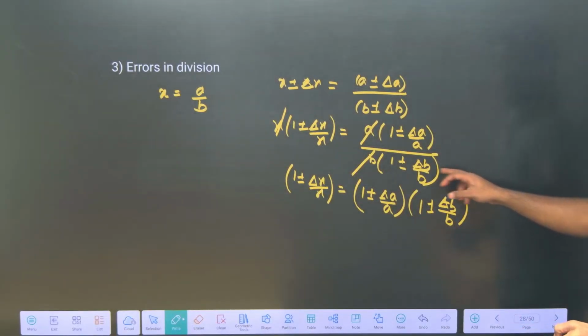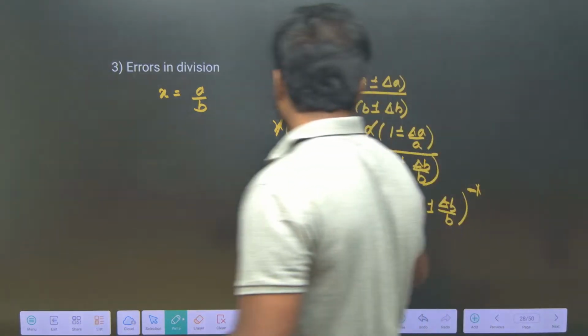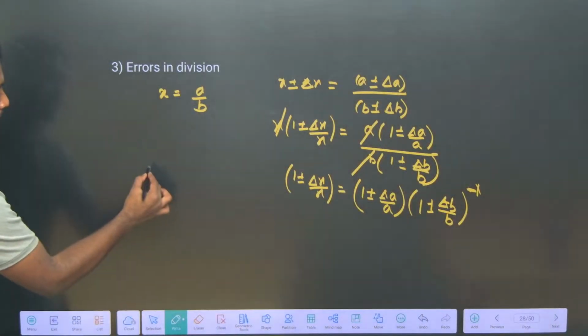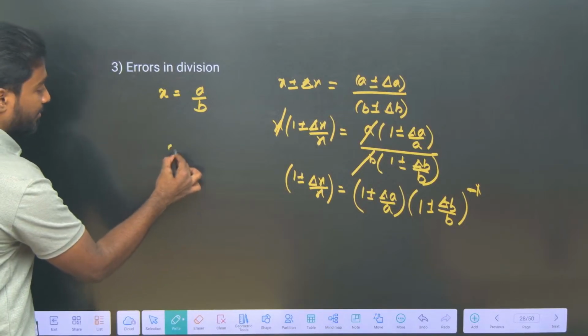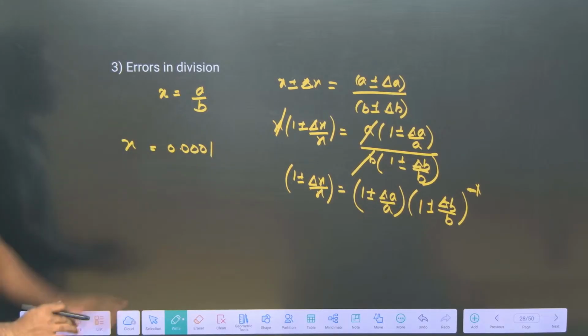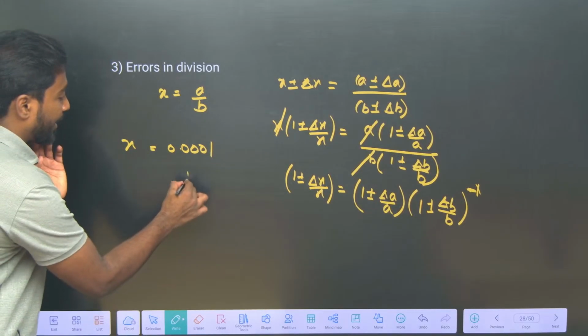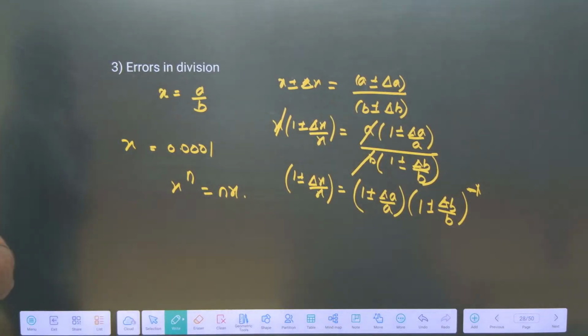So when I take this power inside, it is like the binomial approximation we are using here. Binomial approximation method is nothing but, when the value x is very small, for example 0.00001, x power n will be taken as nx.